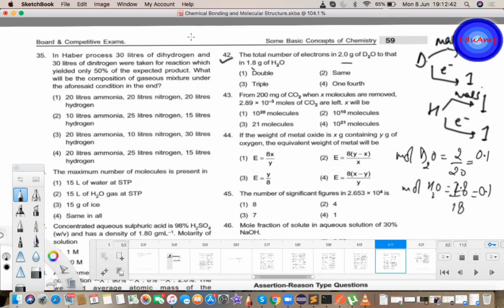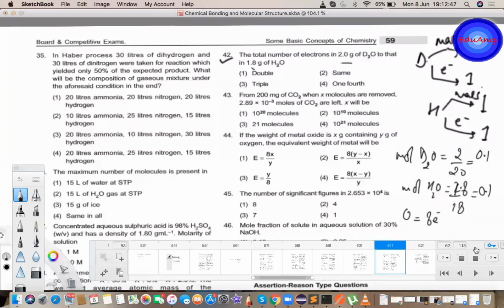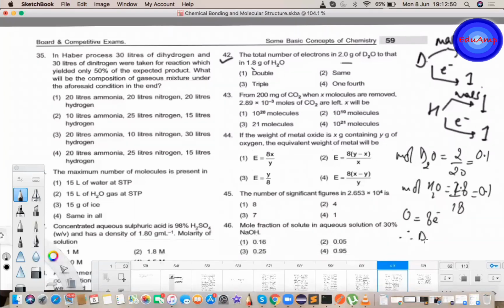In oxygen there are 8 electrons, therefore D2O will have 10 electrons and H2O will also have 10 electrons. So 0.1 into 10 into Na will be total electrons in D2O, and 0.1 into 10 into Na will be total electrons in H2O. So the answer is coming same. So the correct answer is option 2, which is same.